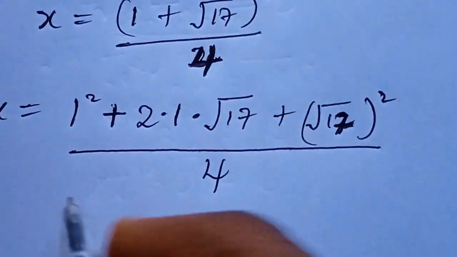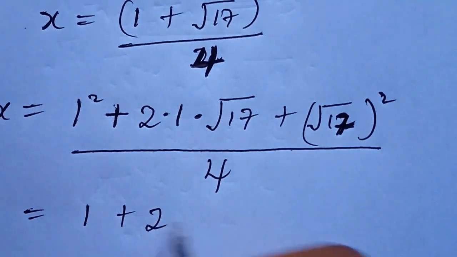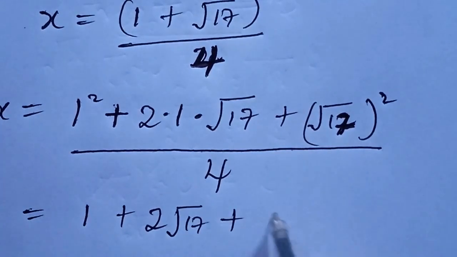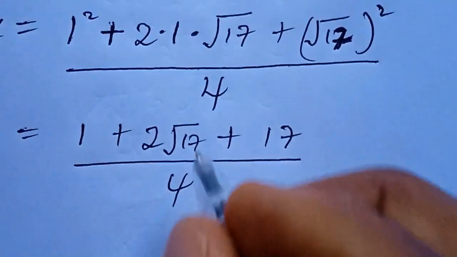So if we simplify this, we arrive at 1 plus 2 square root of 17 plus 17 over 4.